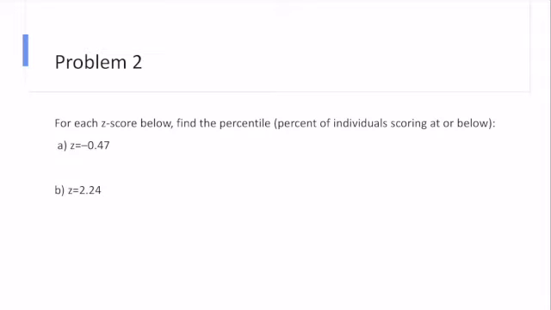Now, for each z-score below, I want us to find the percentile of individuals scoring at or below this value. So remember, when you're given a z-score, that measures how many standard deviations you are away from the mean.